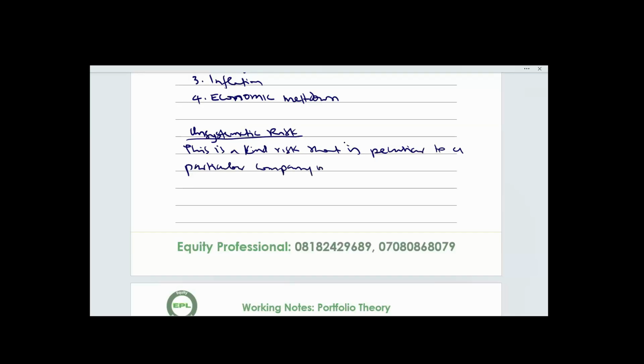Let's talk about unsystematic. Okay. So the unsystematic risk is a kind of risk that is peculiar to a particular company or industry.